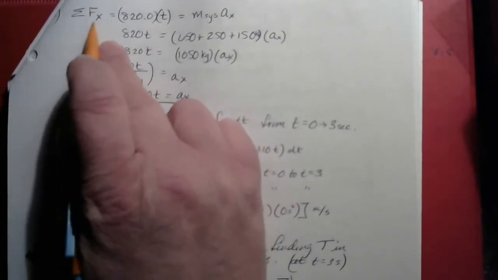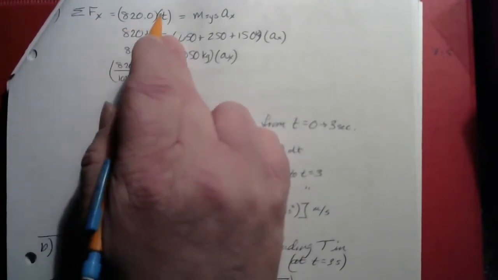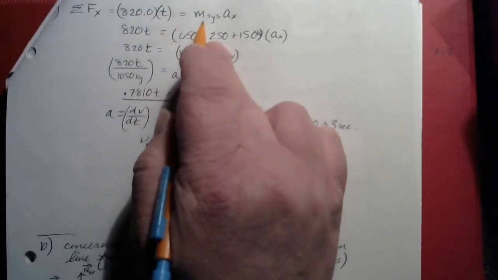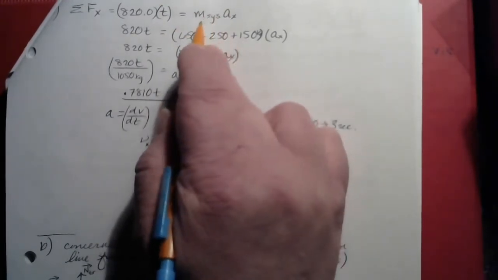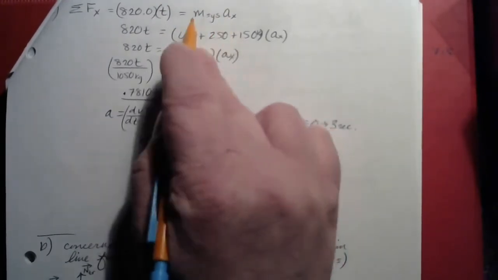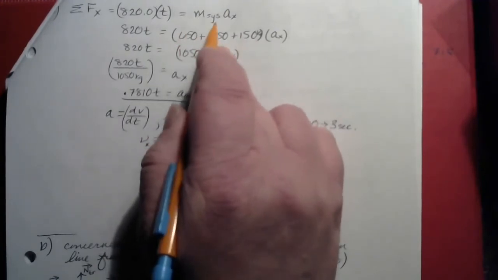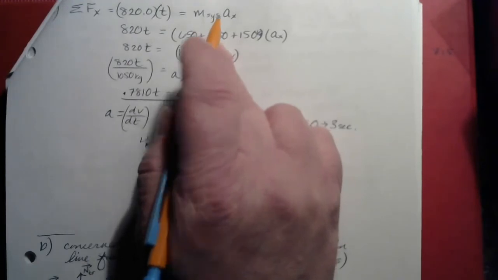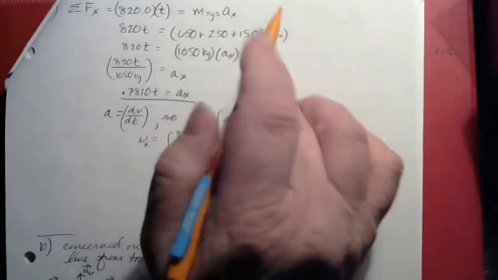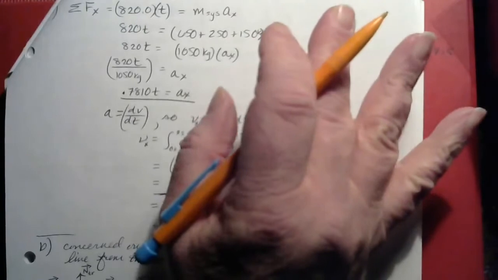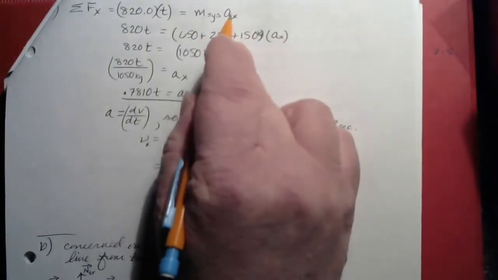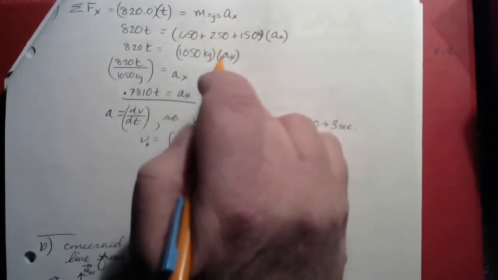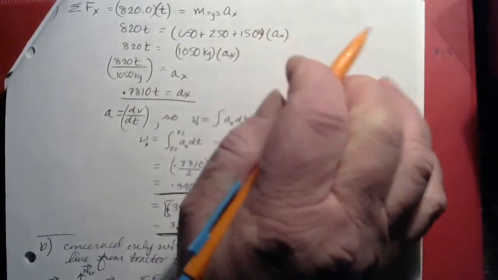And so the summation of forces in the X direction is 820 t, and that is also mass times acceleration. In this case, we're looking for the mass of the entire system because the tractor and the baggage carts are all connected to each other and they're all moving as one. And that would be times acceleration in the X direction, again, because there is no acceleration in the Y direction.